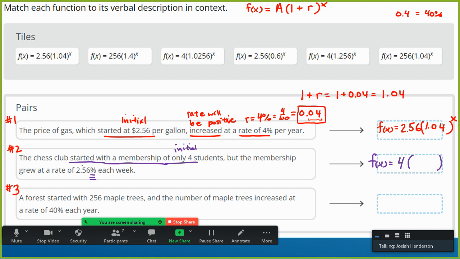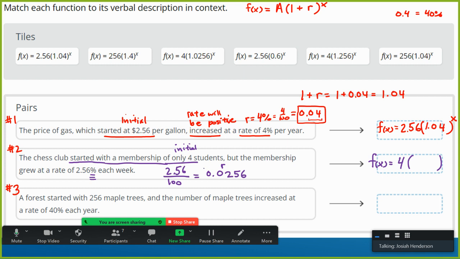If it's in a percentage as it's given to you, divide that by 100 for the decimal. 2.56 divided by 100. And this is going to give us 0.0256. And that's the rate.